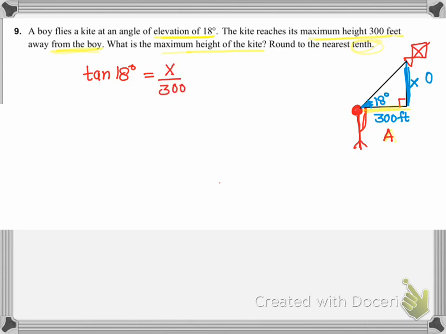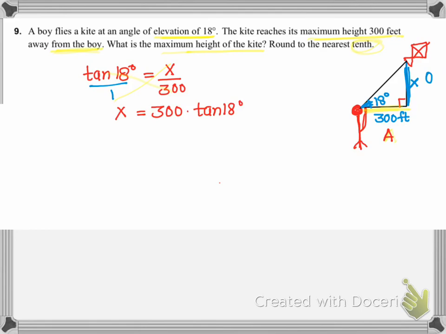Just cross multiply. Assume that this is going to be 1, since there is nothing here, and then you multiply across like this. 1 times x is x, and that is 300 times tangent 18 degrees.